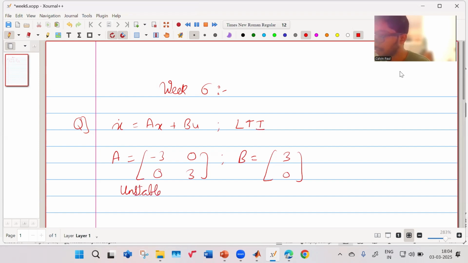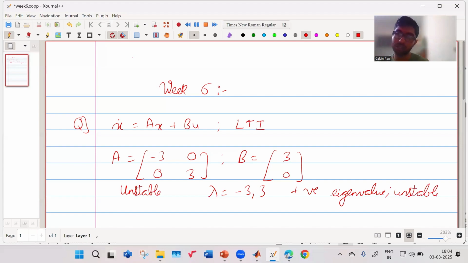The eigenvalues are -3 and 3. So there is a positive eigenvalue, right? So it is unstable. Now, if there's such a system, what do we do? Do we say that we cannot control the system, or we give up hope on the system? What should we do in that case?